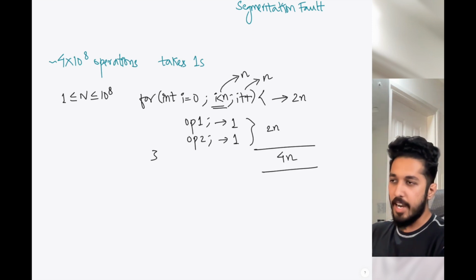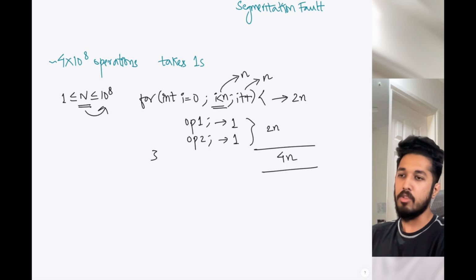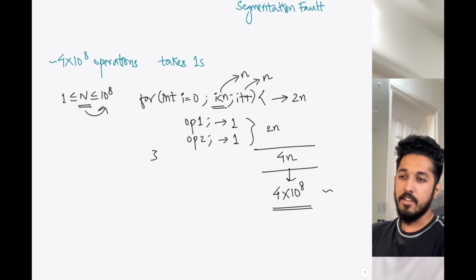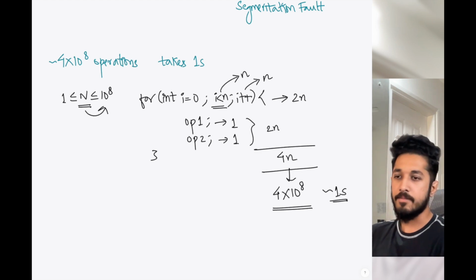If we substitute the maximum value of n, which is 10 to the power 8, then our code will perform 4 into 10 to the power 8 operations, and this code will run in approximately 1 second and will be accepted on those platforms.